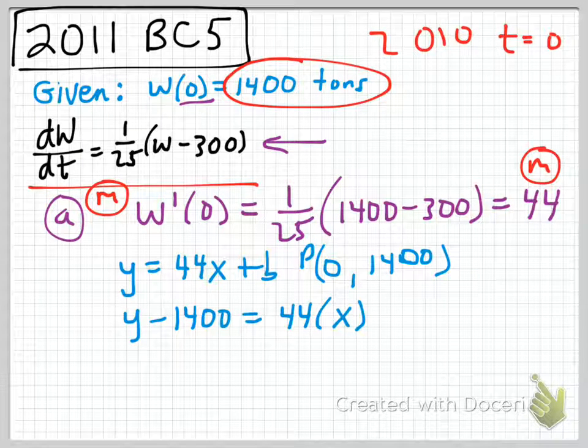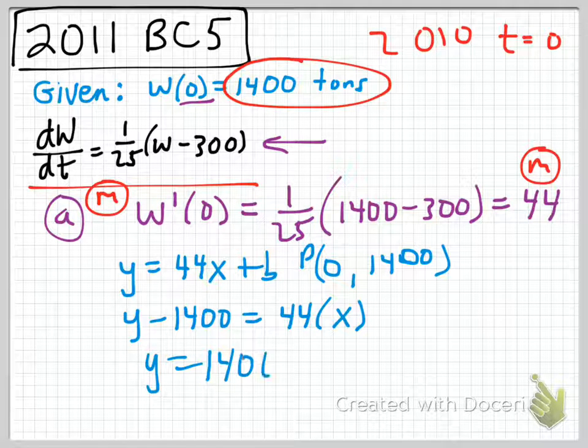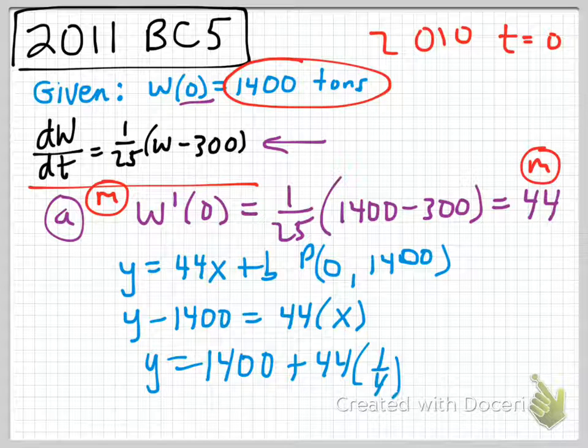And then if we want to know the value at time t equals 1/4, we have y equals 1,400 plus 44 times 1/4. So I basically replaced x with t, and we get 1,411.